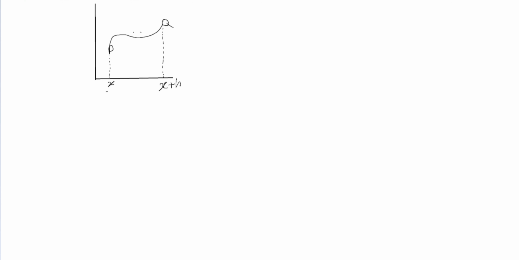Now let's do this point P and Q. We're going to find the slope of a tangent line. Let's say this is a tangent line, when we get Q really close to P. The only way that can happen is if x is kind of equal to x plus h, like 1.999 is kind of equal to 2.